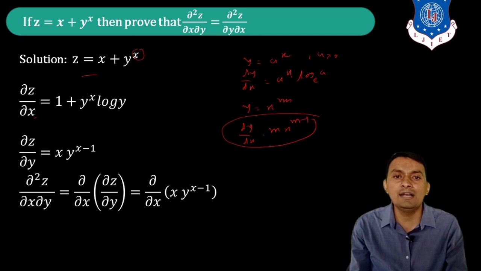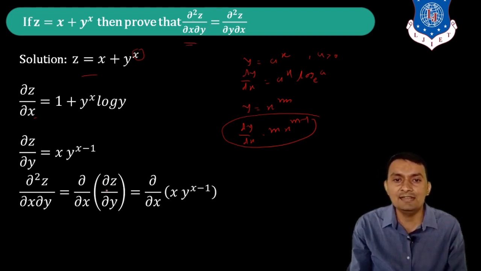So x into y raised to x minus 1, and that is del z by del x. But for this purpose, first I have to determine del z by del y, and later we will determine del by del x of that function. That means this can be written as del z by del y, and thereafter we determine del by del x.